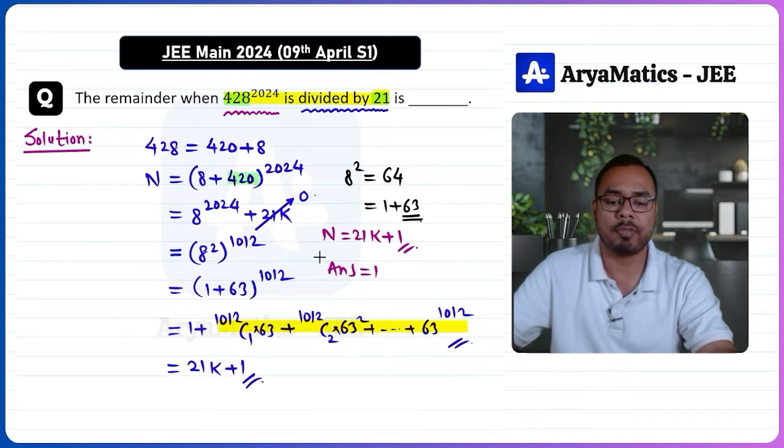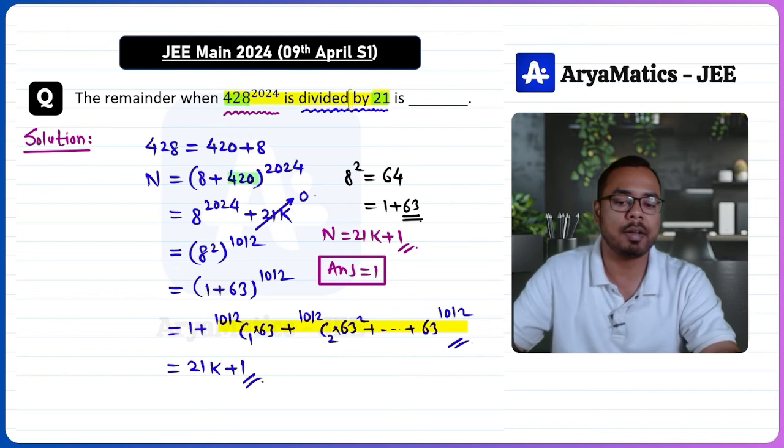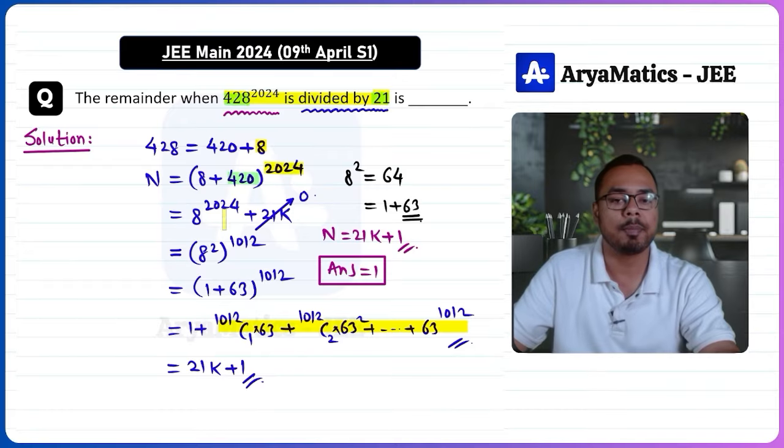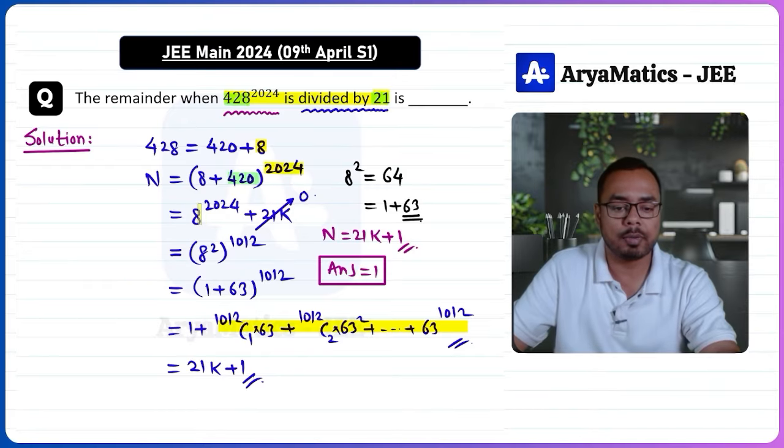So in this problem, the first step was to reduce the base 428. For that, divide 428 by 21, and you will get 8 as remainder. So we can write this number as 8 plus 420 raised to 2024. Expand it using binomial. Only the first term is not a multiple of 21.